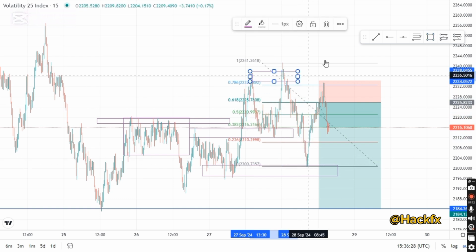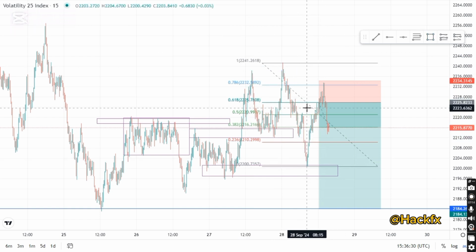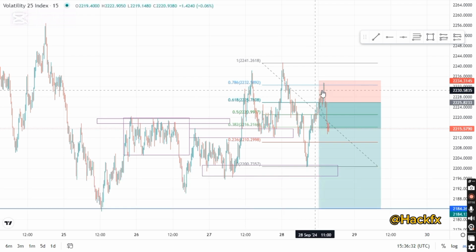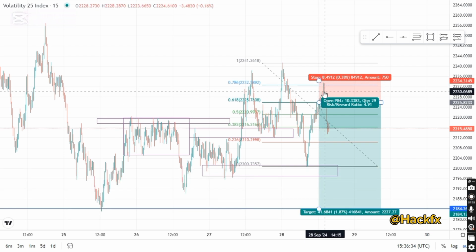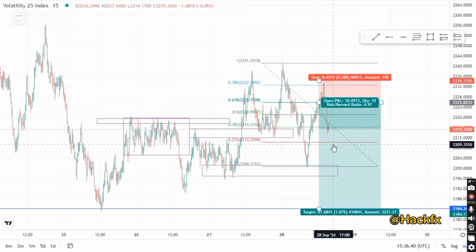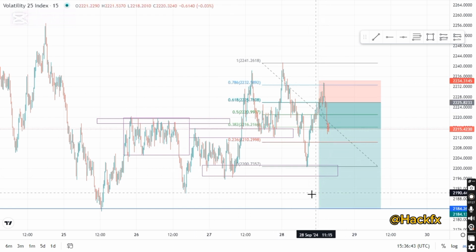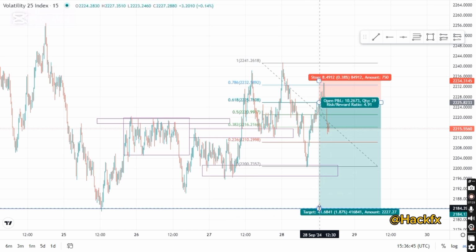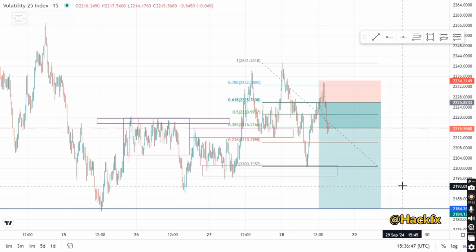Then the last one is a retracement to 61.8, and your stop loss above 78.6. Then you get ready for the ride. This ride is going to go all the way down to this price, 2184, and that's just it.